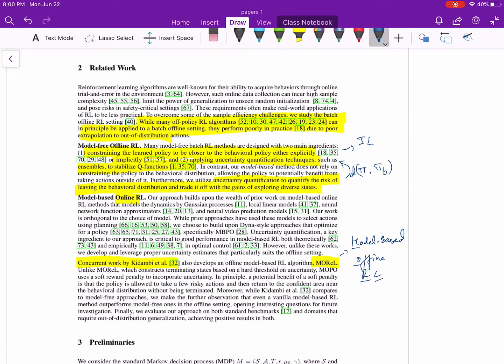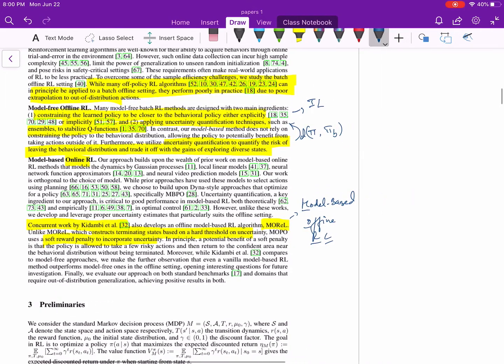So let's move forward. What they say is that it uses hard thresholds, and here MOPO uses the soft reward penalty. So my guess would be that the next state at t plus 1 may be forced to an absorbing state.